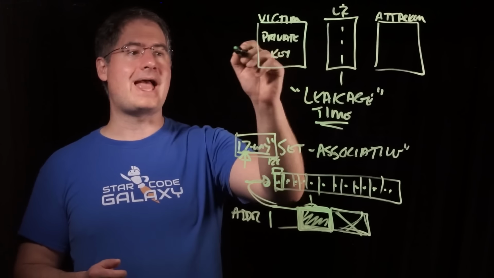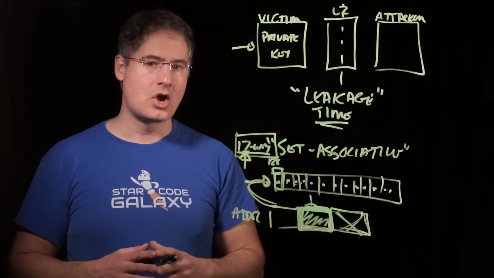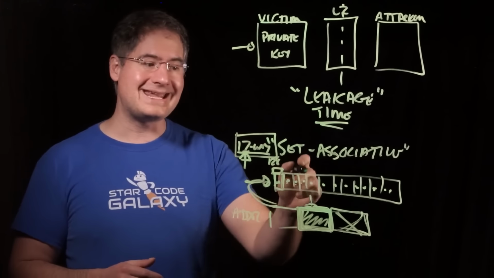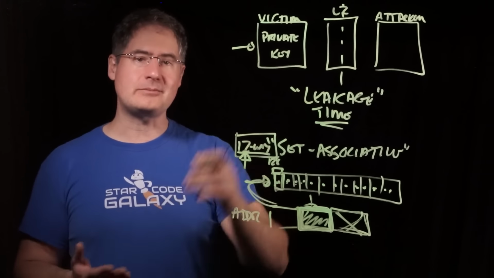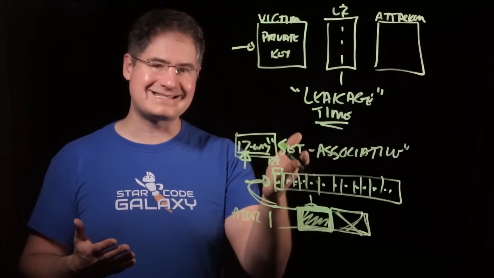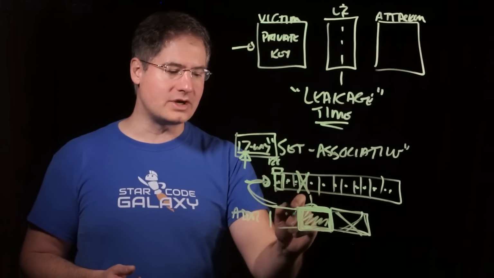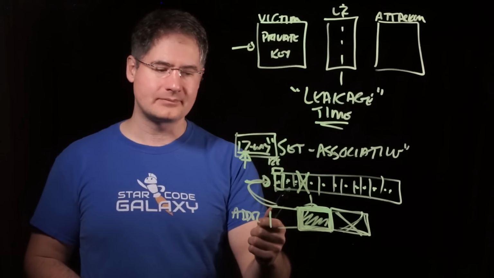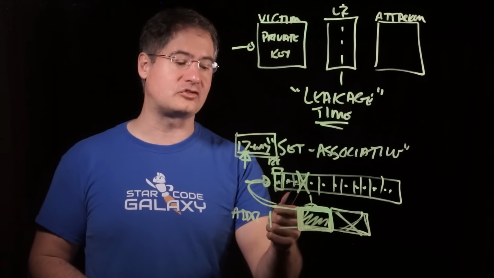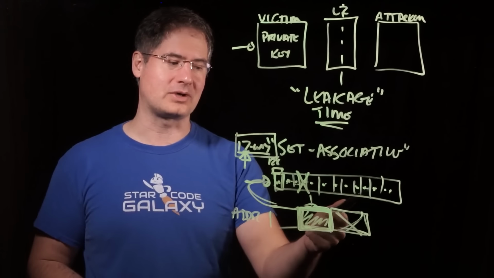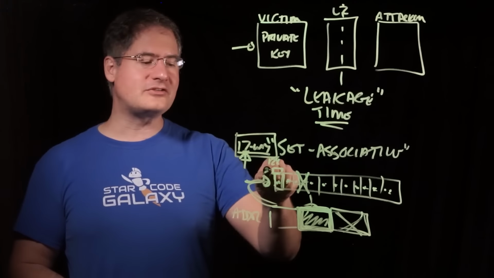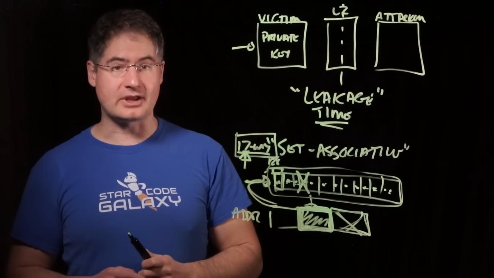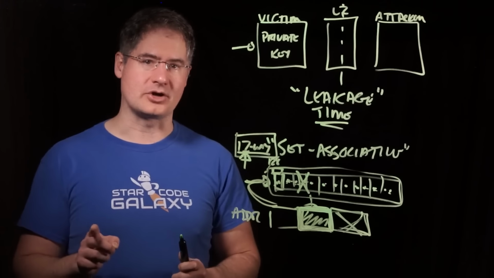Unless some hapless victim process, for example, also were to access something that caused a fill in this cache set. If the victim process does something that maps to this same set and evicts one of the things that the attacker has put there, then when the attacker goes to look at them again, these are quick, slow, quick. So all of a sudden, the total time it takes to read all the stuff back that the attacker thought it put there suddenly takes a little bit longer.